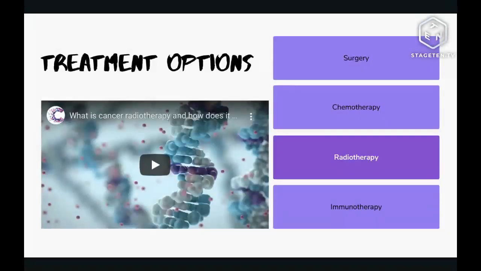The radiotherapy's core principle is the fact that during cell division, the cell is the most susceptible to different types of radiation. And this is why radiotherapy works so well.